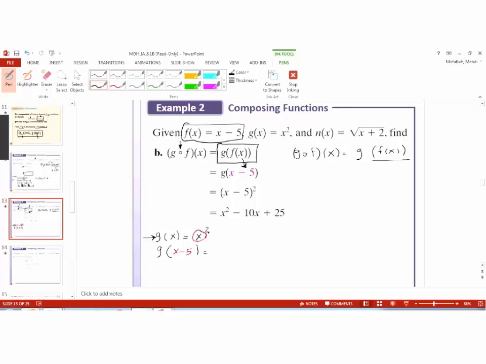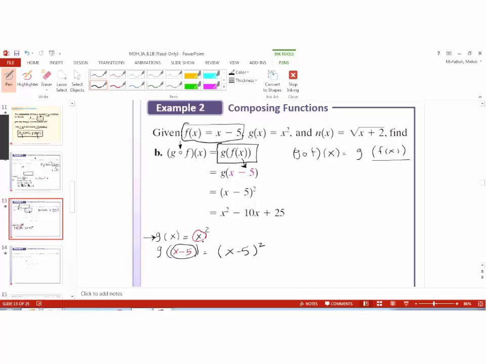Wait, x will be x squared minus 5? X squared minus 5. You replace x with all this stuff here. So in parentheses, x minus 5 to the square, squared?